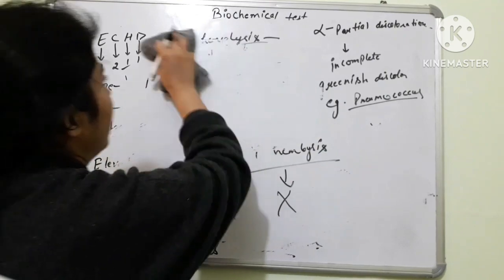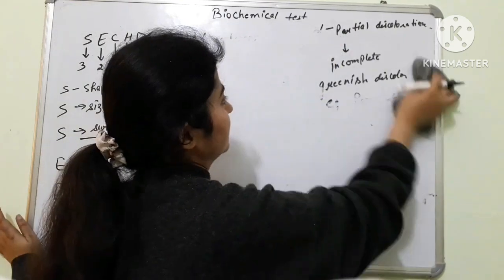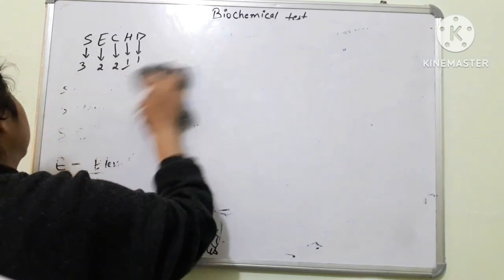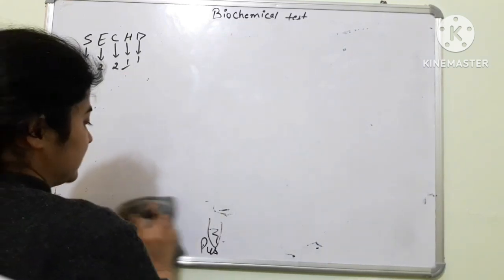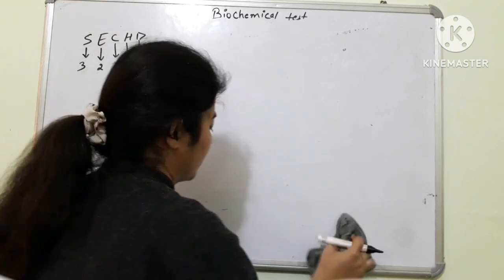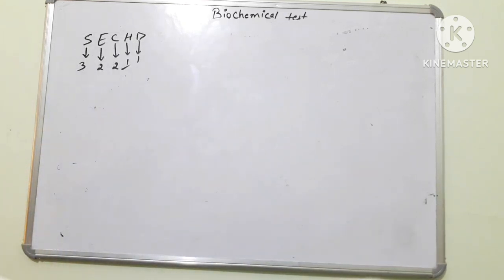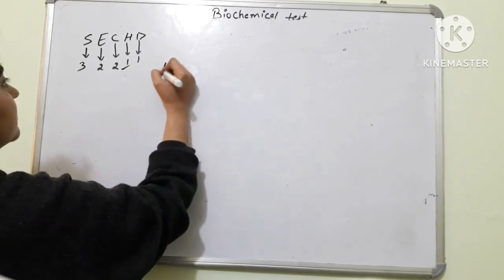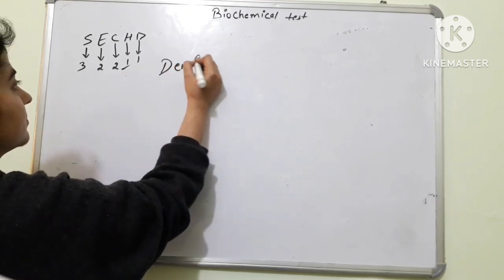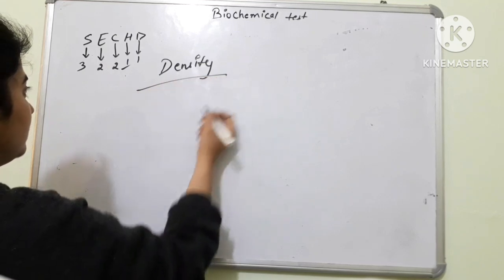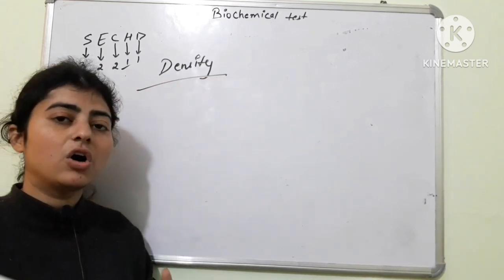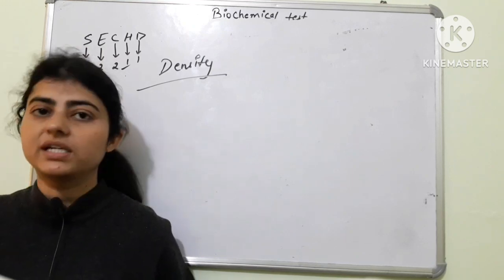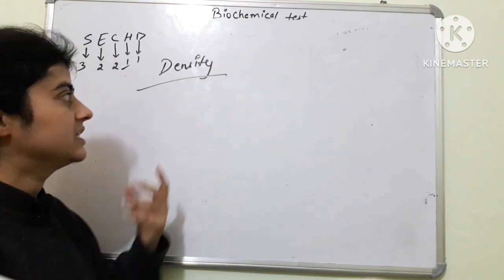Last one we have D. Do you know what D stands for? D stands for density. Whether your colonies are opaque, transparent or translucent comes under density.